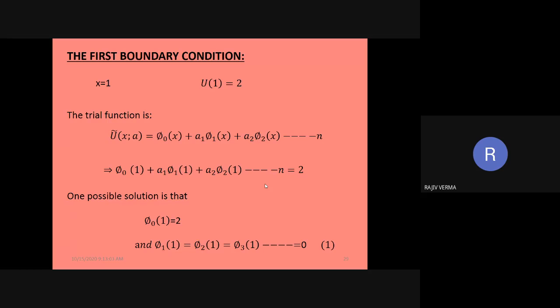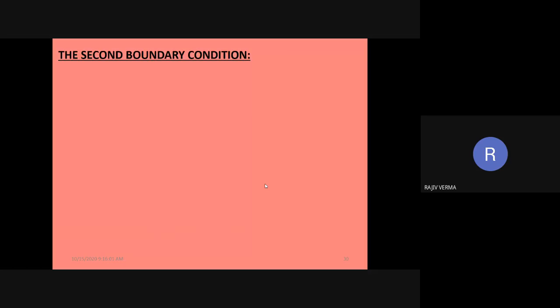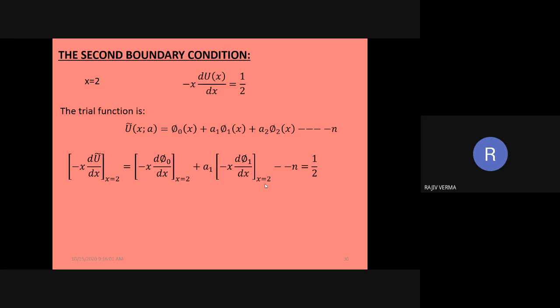Now coming to the second boundary condition, which is in terms of the differential of u. This also can be substituted in the trial function after the trial function itself has been differentiated.